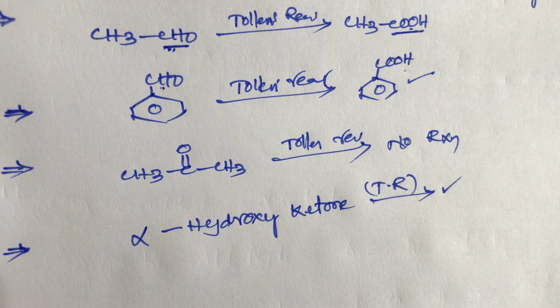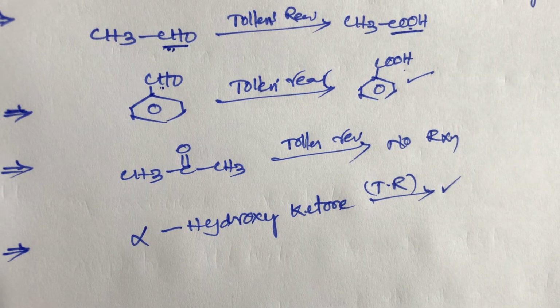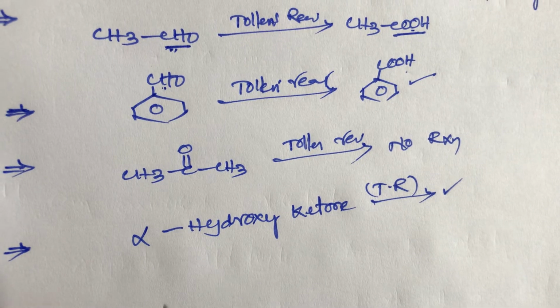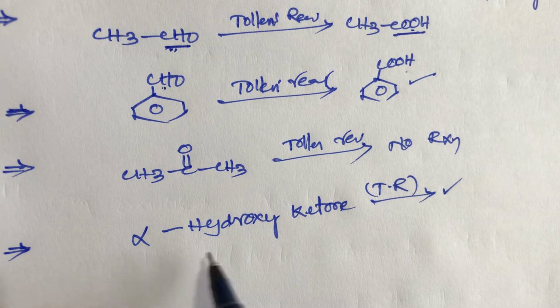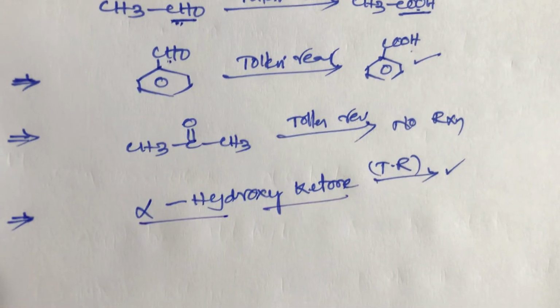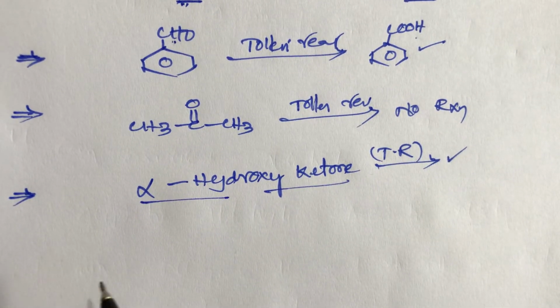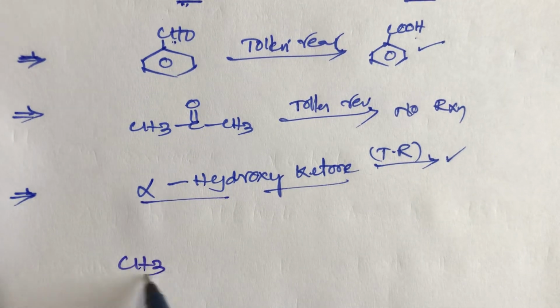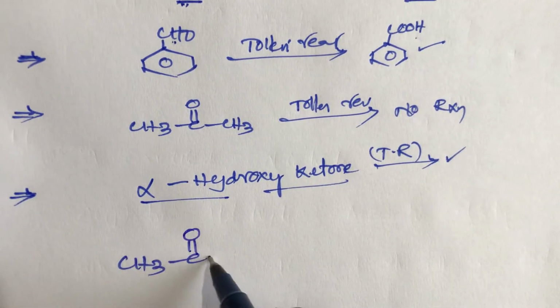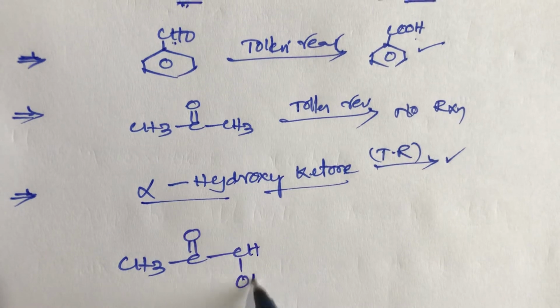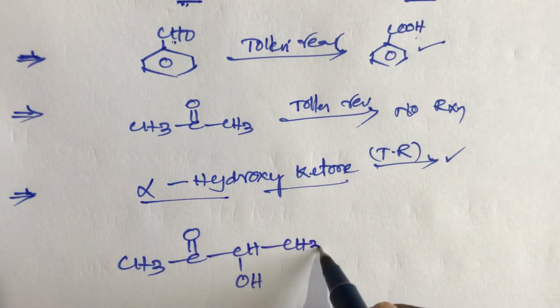Generally, Tollens reagent cannot oxidize the keto group, that is ketones, but in some exception cases this Tollens reagent can oxidize it, that is the alpha hydroxy keto group also. Now take the example, student: alpha hydroxy keto group, that is CH3, C double bond O, then CH, then OH, then CH3.